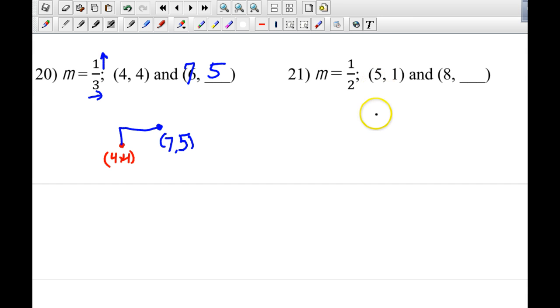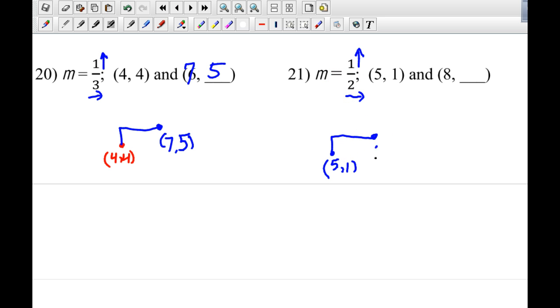Number 21, same idea. If we start at 5, 1, I'm going to go up 1 because it's positive, and right 2 because it's positive. Up 1, right 2.